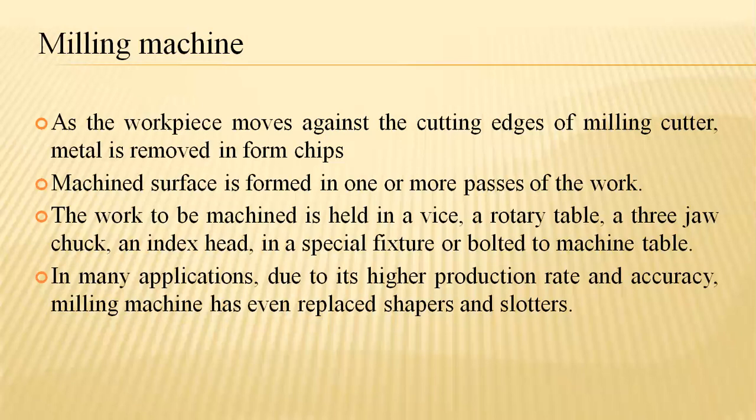We can say it has easy operating conditions, and within a less span of time the entire task will be progressed, with a higher production rate and greater accuracy when compared to other machining processes.